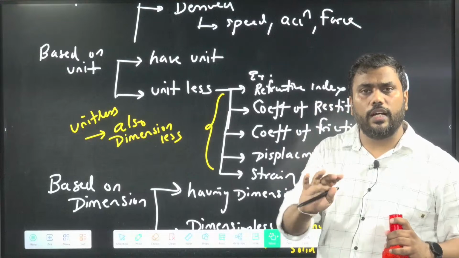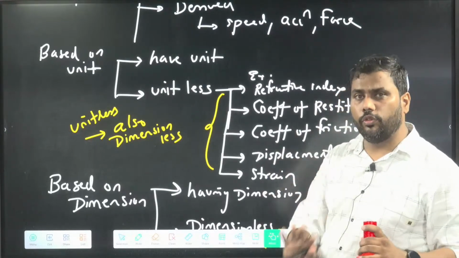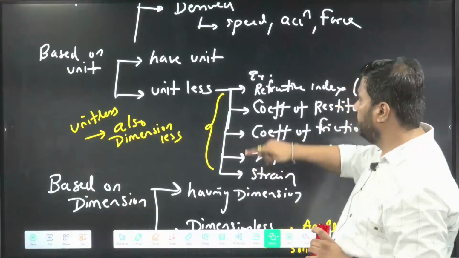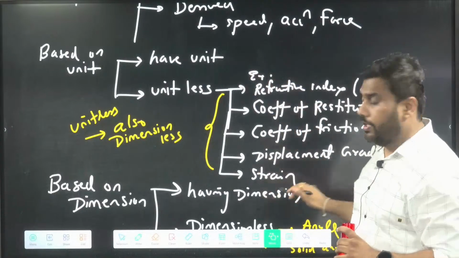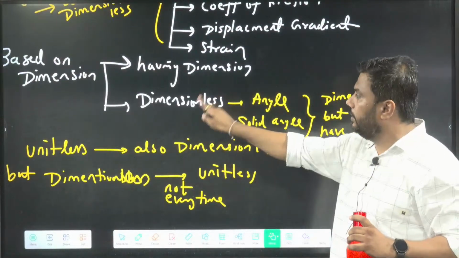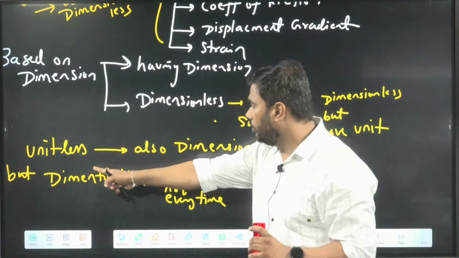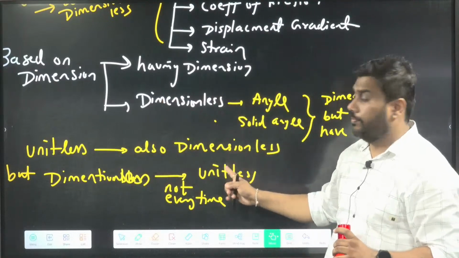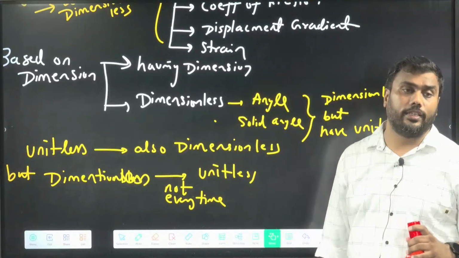Fundamental physical quantities are not derivable from other quantities. Based on units, there are two types: unitless and having unit. Based on dimensions, again two types: having dimension and dimensionless. A unitless quantity is always dimensionless, but a dimensionless quantity may not necessarily be unitless.